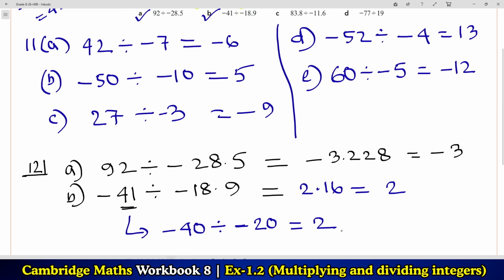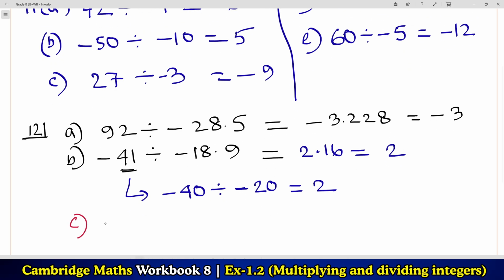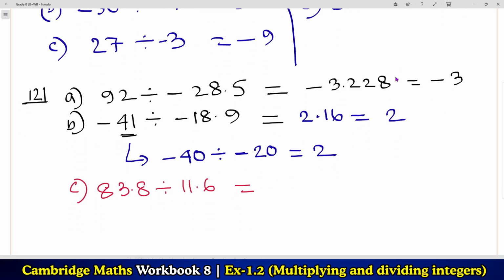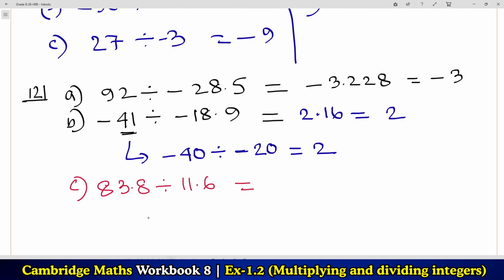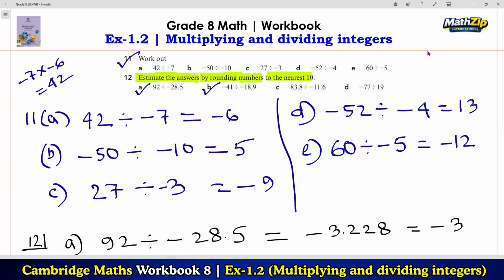Number c. 83.8 divided by -11.6. We can write this one for number c: 83.8 divided by 11.6. So this 83, the nearest number is 80, divided by 11.6, the nearest number is 10. So our result is, does it have any plus or minus?